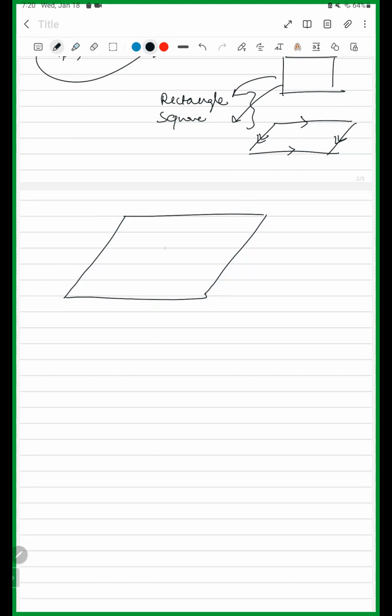How will you find the area of this? Let's say if this is the length, and this is the breadth. Actually this can't be the breadth because this isn't a rectangle, but let's say ये हाइट होती है. This is the height of the parallelogram. ठीक है? यहाँ से यहाँ तक हाइट ऑफ द पैरेललोग्राम है.